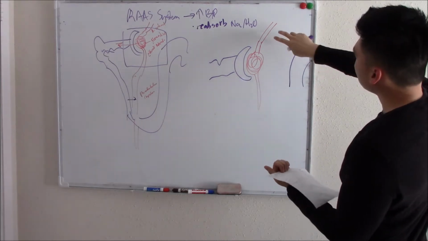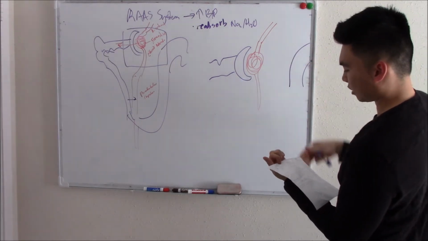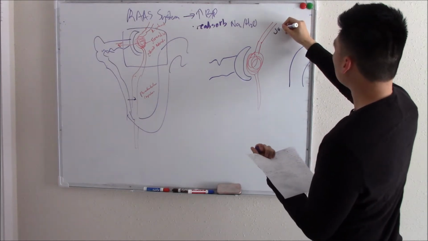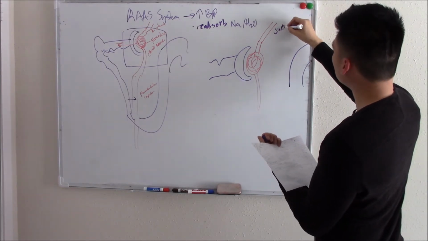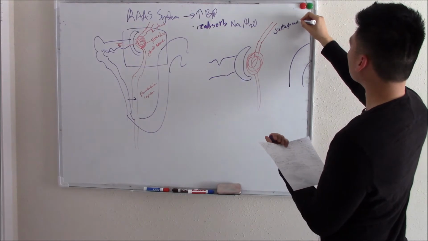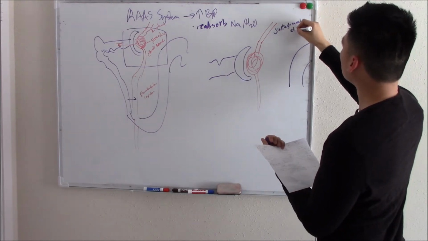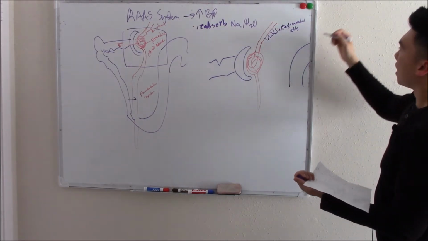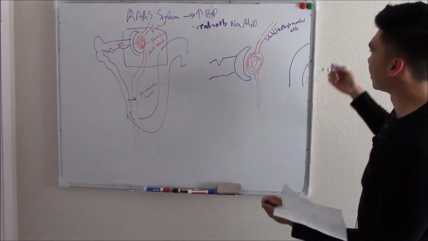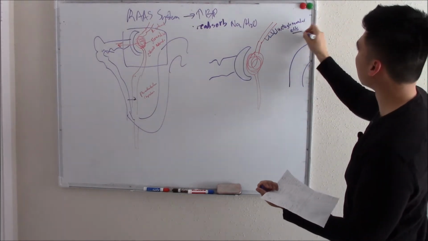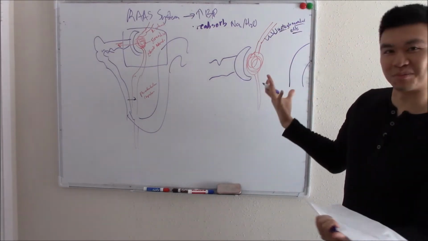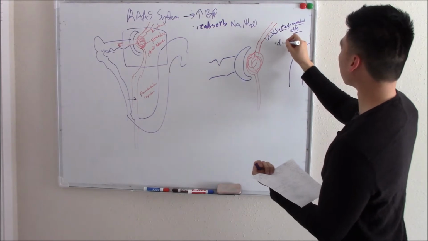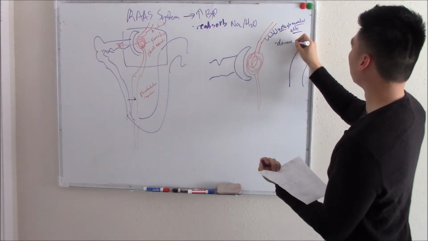Now there are special cells of your afferent arteriole called juxtaglomerular cells. Juxta means next to or near glomerulus. So these are cells near the glomerulus, perfect name. And they will sense decrease in pressure, so decrease in blood pressure.